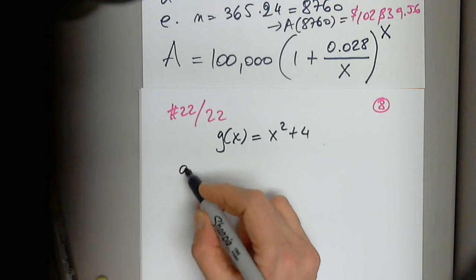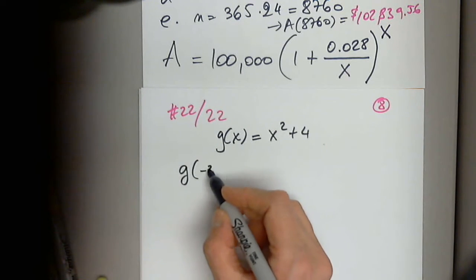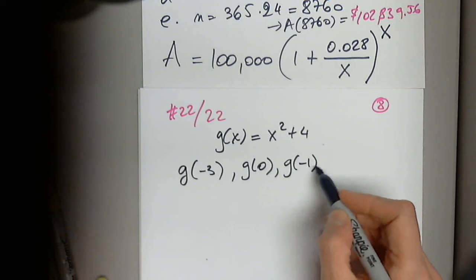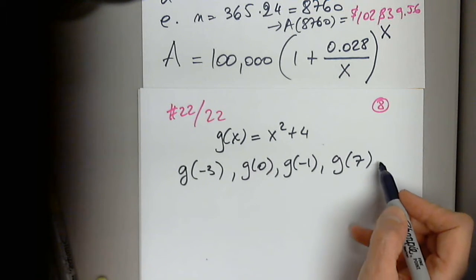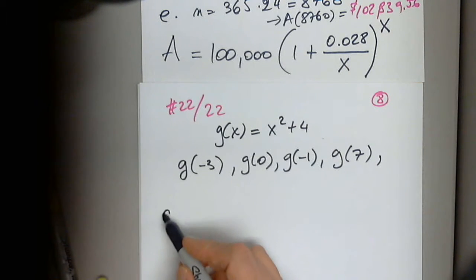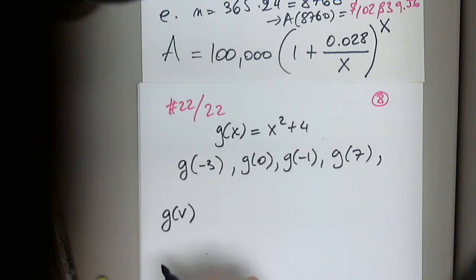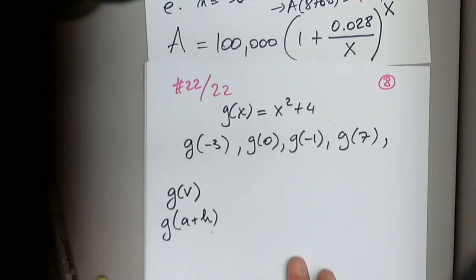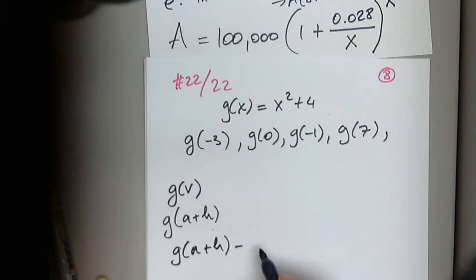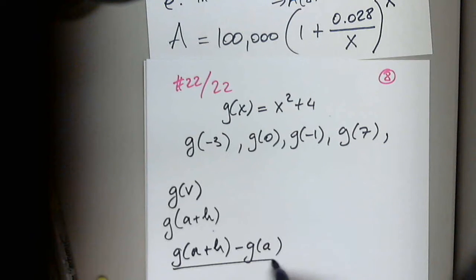They want us to find g of -3, g of 0, g of -1, g of 7, which we can do immediately with a calculator, but they also want us to find g of v and g of a plus h, and then g of a plus h minus g of a over h.